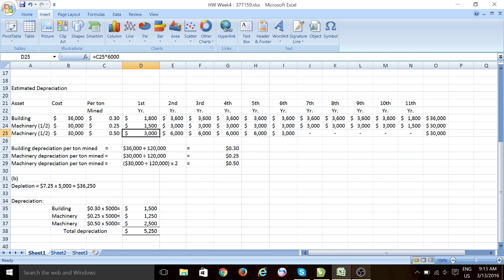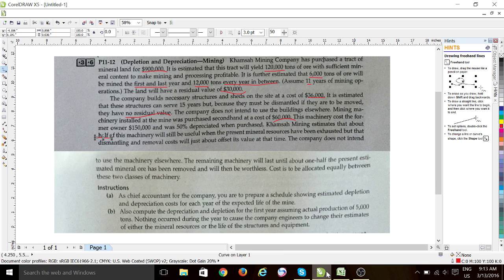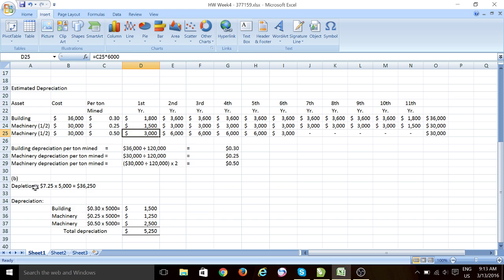Okay, so now the second question is to depreciate and deplete the same mineral resource with the same estimation, same structures and equipment. If we assume that the actual production is 5,000 tons, instead of 6,000, we multiply 7.25 with 5,000.